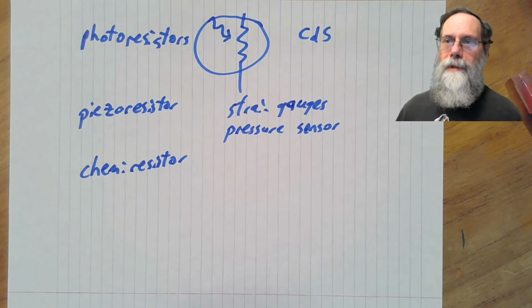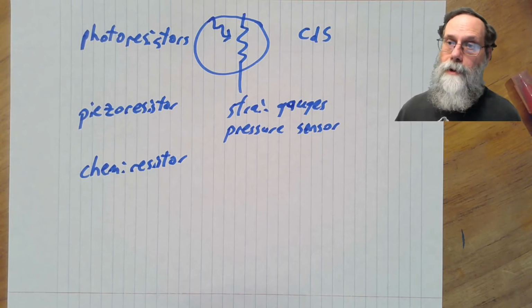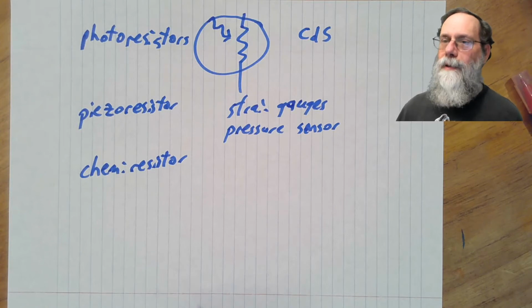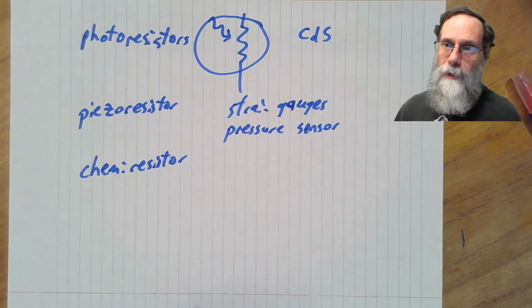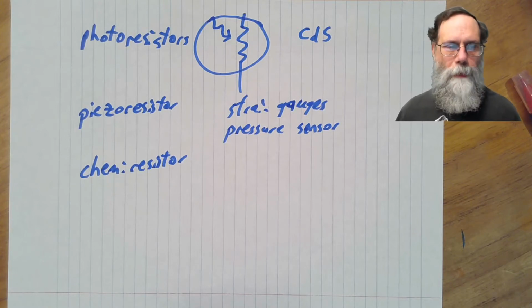These chemiresistors are very cheap sensors that get used in things like carbon monoxide alarms in houses and in a lot of hobbyist applications. The hobbyist version of a breathalyzer generally uses a chemiresistor. The professional ones tend to use a different detection technique, a fuel cell approach that is more precise but more difficult to build the circuitry for.